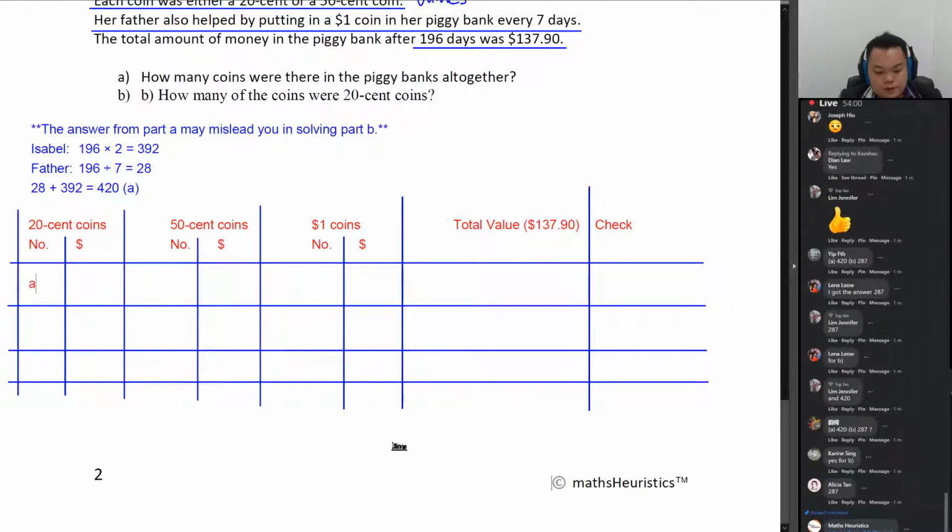Okay, so here for part A, you see for the $1 coins, you have a fixed amount. At every point, these 28 $1 coins will always be with them.